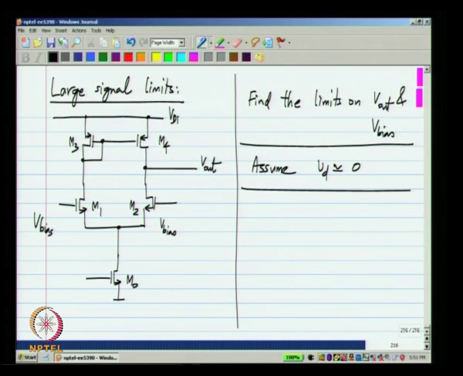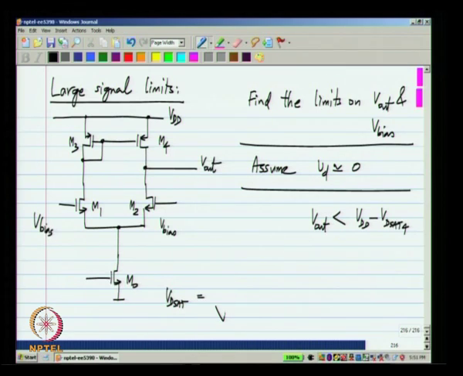Let us assume a supply voltage of VDD. So, V out has to be at most VDD minus VD sat of M4, which is the same as VD sat of M3. Now, we will assume that these saturation voltages are calculated at the quiescent operating point. By the way, this definition of VD sat I am assuming you are familiar with.